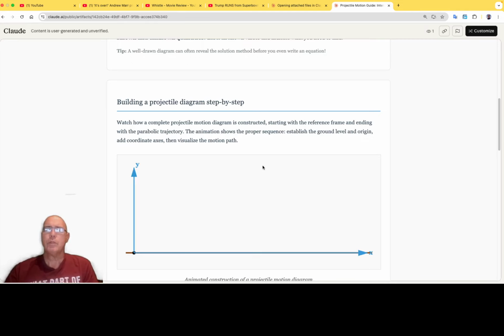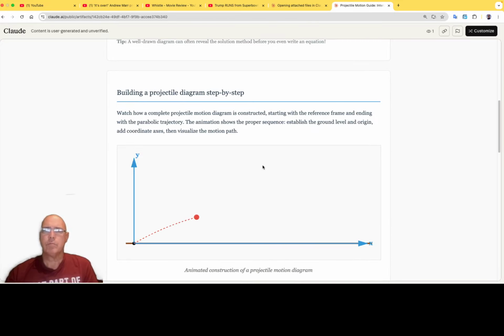And then we put a horizontal axis along the ground, and we'll label that X. And then again from the dot, we'll put in a vertical axis, which we'll label Y. And now finally, we'll have a little animation of the object as it moves from the origin through the air to the other side, which in this animation is from left to right. So that's creating and defining the axes.